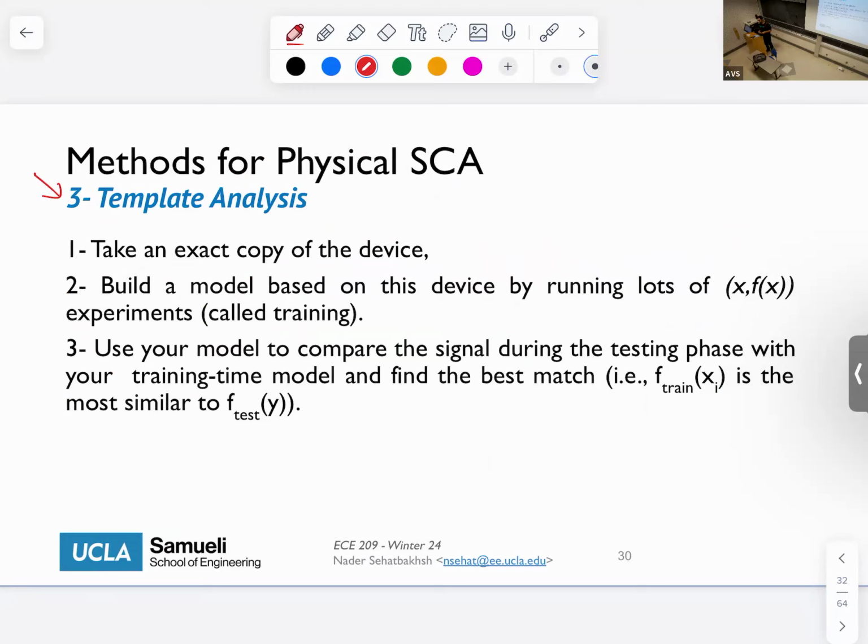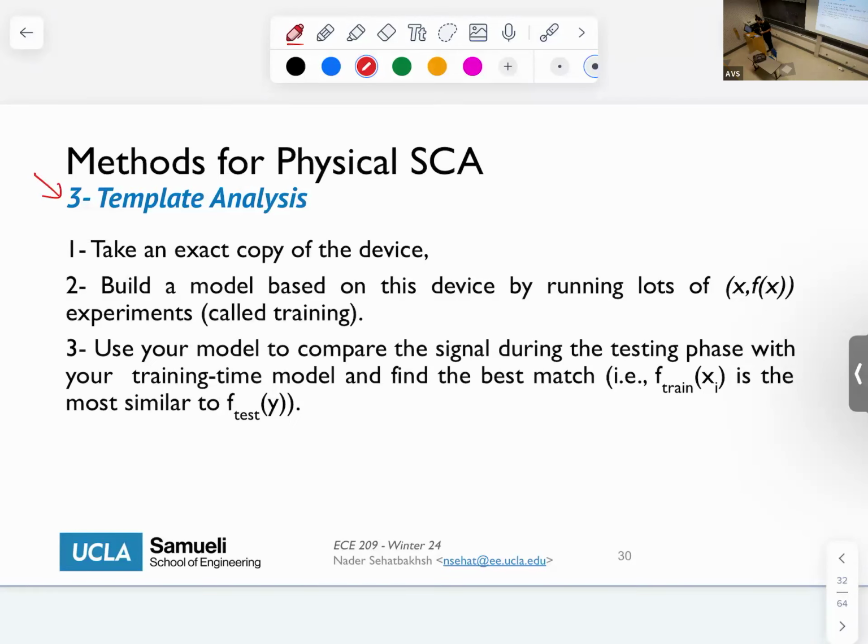For example, if you want to attack a Raspberry Pi, you can buy a Raspberry Pi for yourself. That copy, the template of what you're going to attack, helps because you can build models and learn the behavior of that device offline. Then, based on this knowledge, you can attack the system more intelligently, more efficiently, and more successfully.